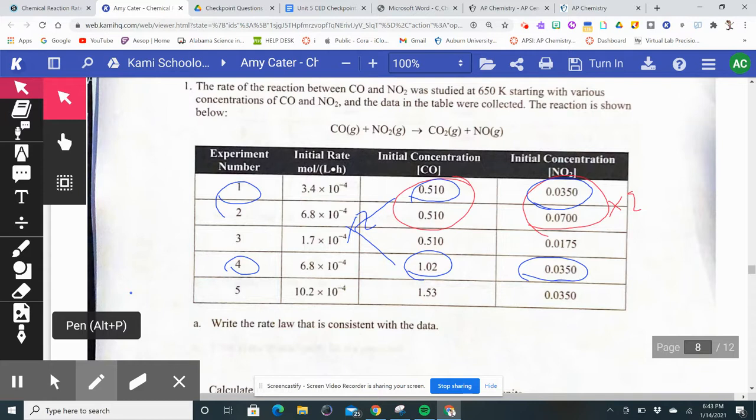Since the rate is also doubled, that means it is also first order with respect to CO. So our rate law then is going to be some constant k times the concentration of CO times the concentration of NO2.